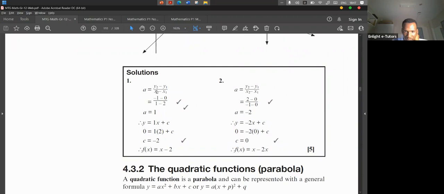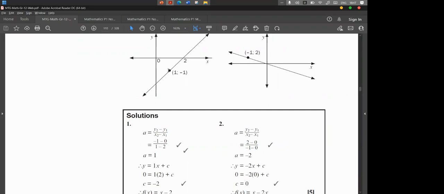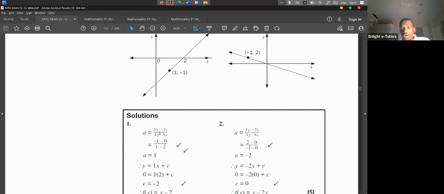Y2 minus y1 over x2 minus x1. You can make either one of them first, this is going to be 0.2, this is going to be 0.1. It's up to you. So here they made the one they were given y2, and this one was y1, and they got their answer, which is 1.